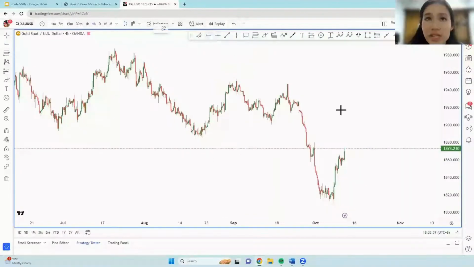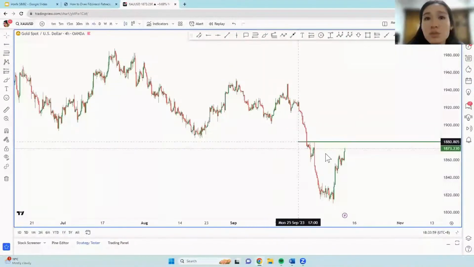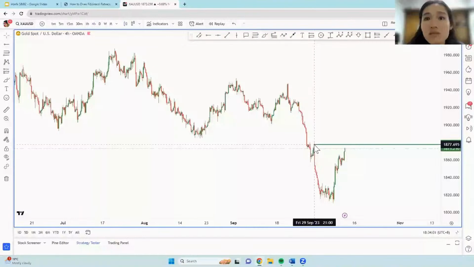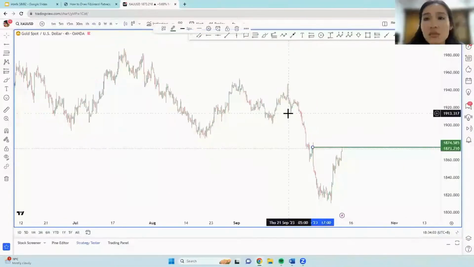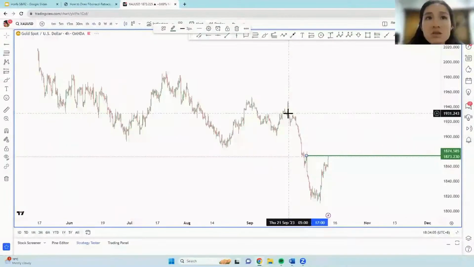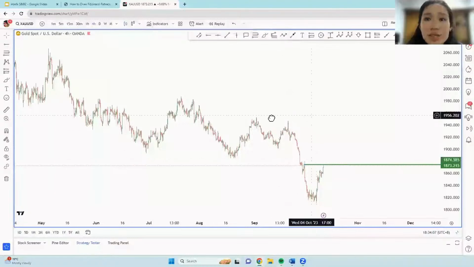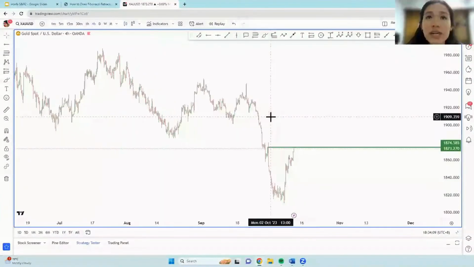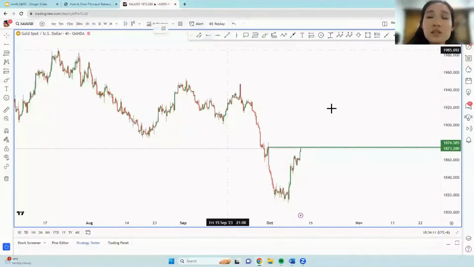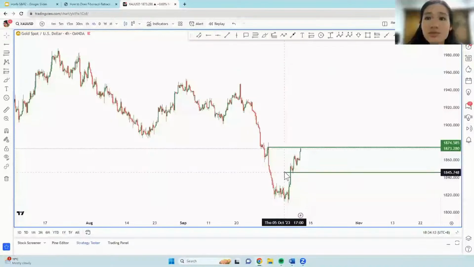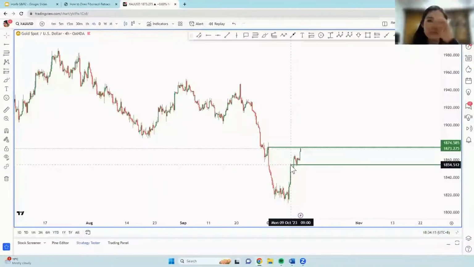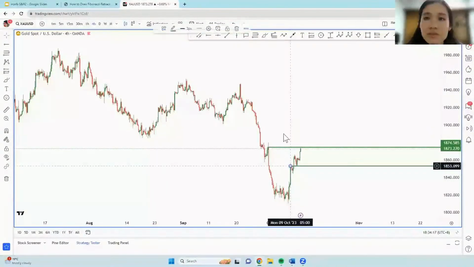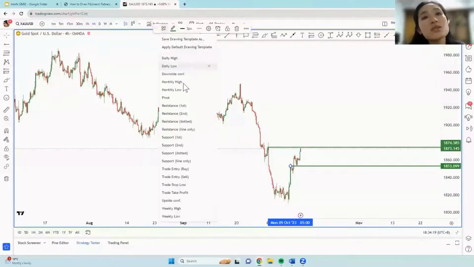We don't have any trend channels or trend lines, but we will just go ahead and add some support and resistance levels now. So this is my first support.